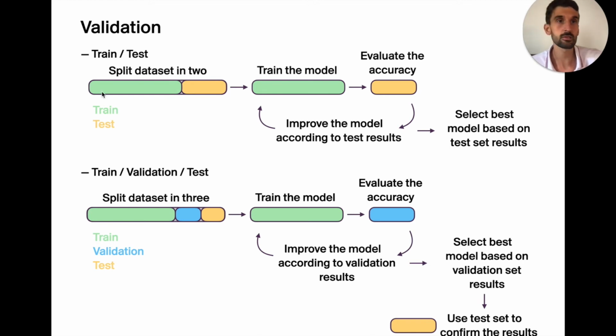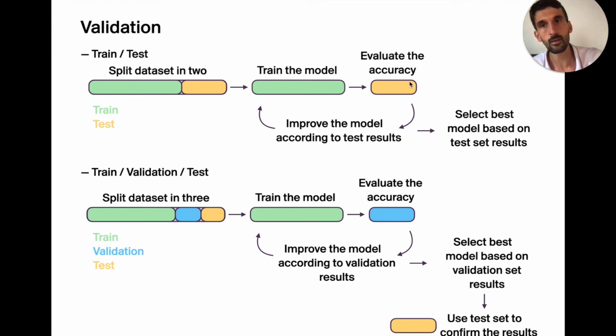Training set usually is bigger, typically 80% of the data, and a test set is smaller, typically 20% of the data. What happens here is that you choose your features and you train your model on the training set, you fit your model on the training set, and then once you are done, you evaluate it on the test set.